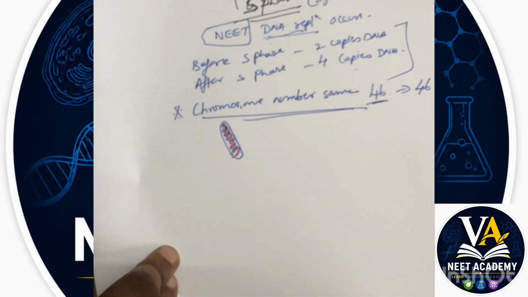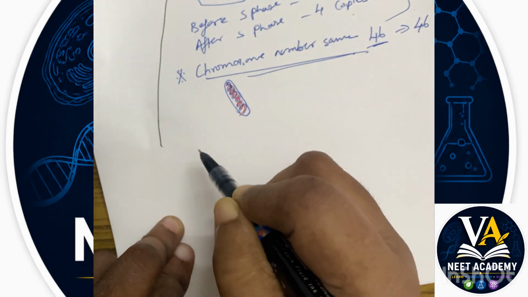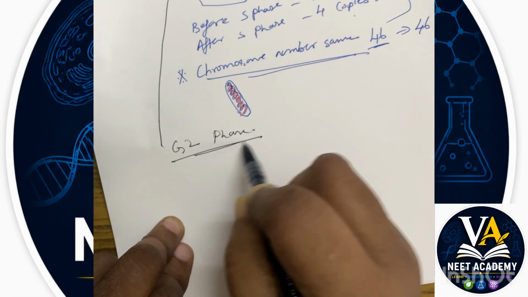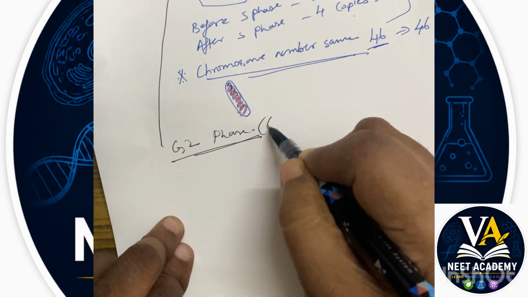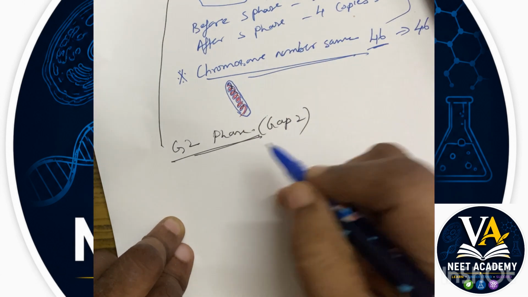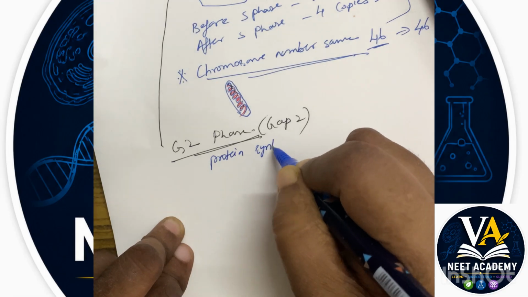Now the next phase of the interphase is called the G2 phase, also called the gap 2 phase. So what happens in the gap 2 phase? Protein synthesis occurs.